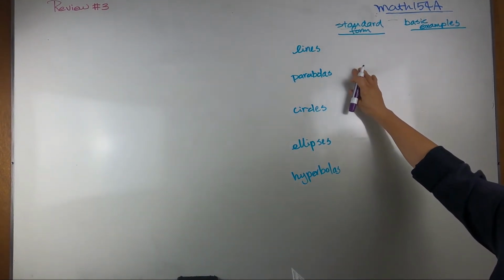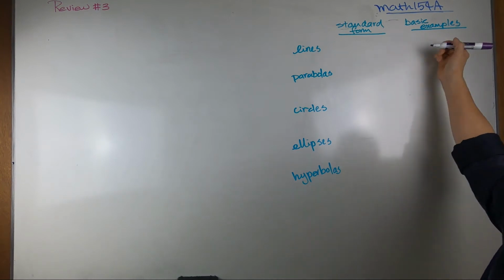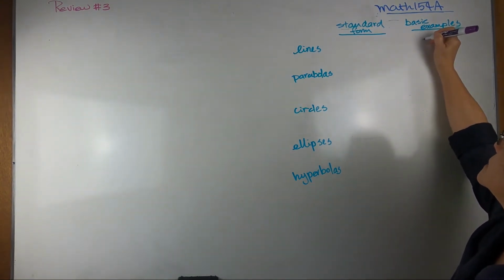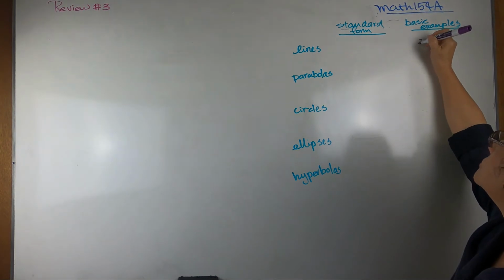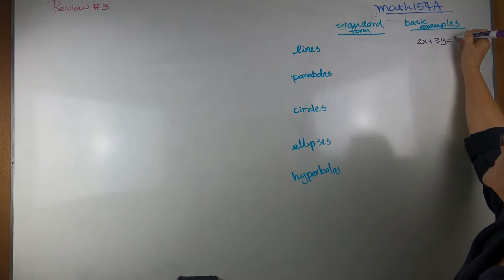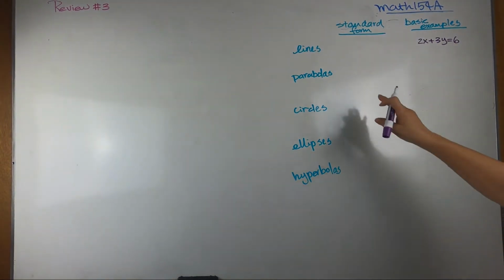So for the lines, like 2x plus 3y equals, say, 6, things like that, right? Line. Then the form is what?